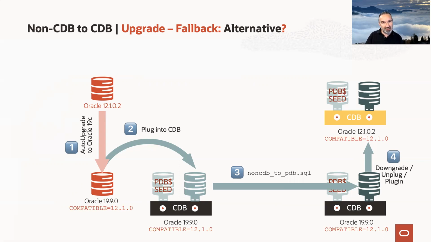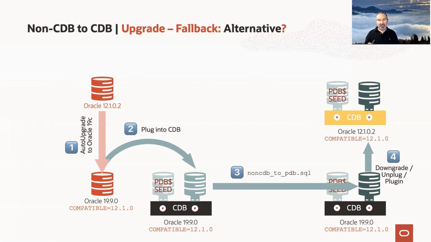So if you use the DBCA, make sure when you have the init.ora parameters, you go in and change compatible. Then you run non-CDB to PDB, compatible still stays. And if you had created now in your 12.1 environment, the environment you came from, or 12.2 environment, if you came from that, this yellow CDB, it has compatible, in my example, 12.1.0.